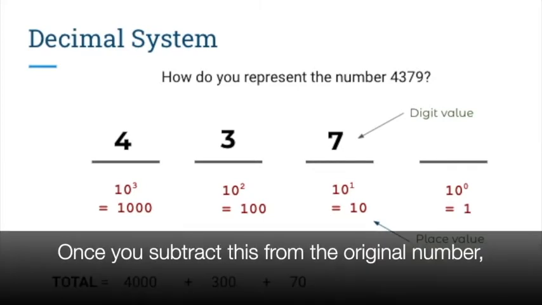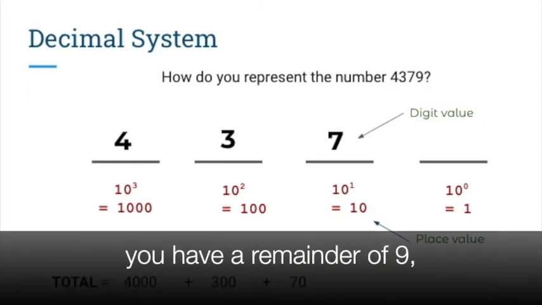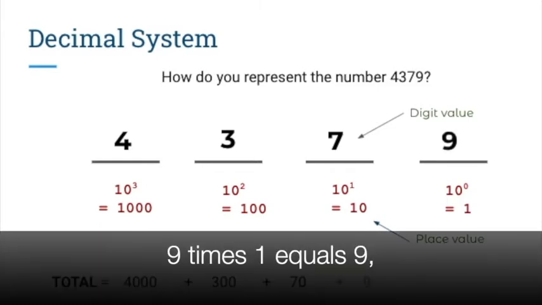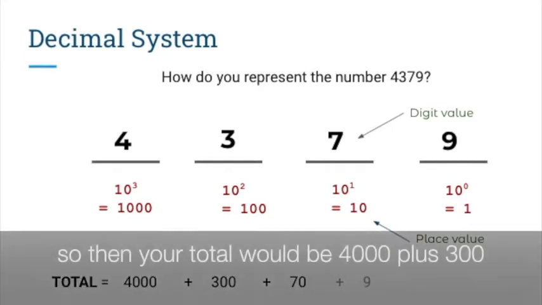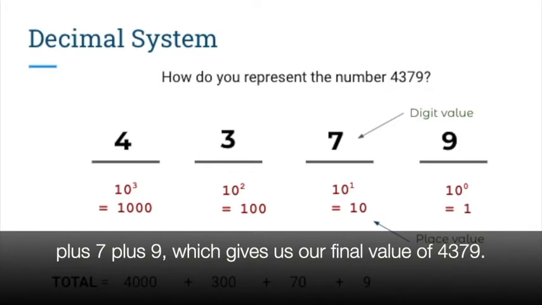So once you subtract this from the original number, you have a remainder of 9, which is in the ones place. And 9 times 1 equals 9. So then your total would be 4,000 plus 300 plus 70 plus 9, which gives us our final value of 4,379.